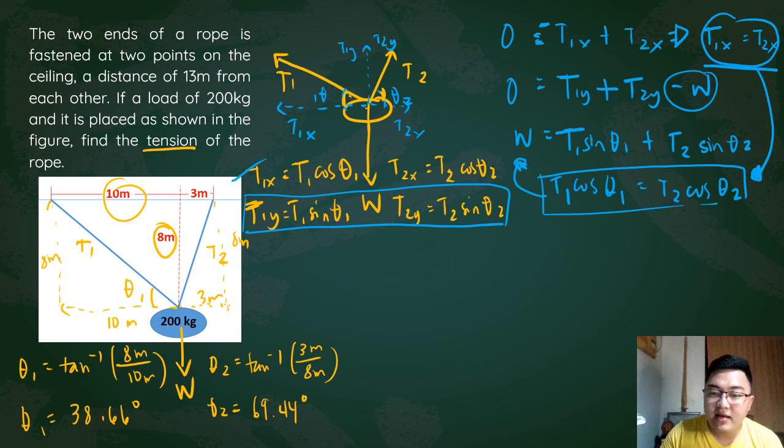So let's take, for example, T1. If we transpose this one on the other side, you will get T2 cosine theta 2 over cosine theta 1.